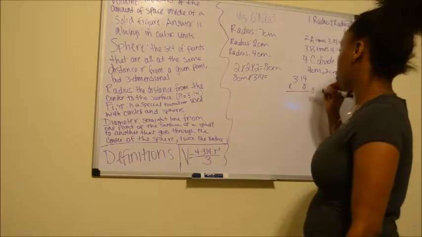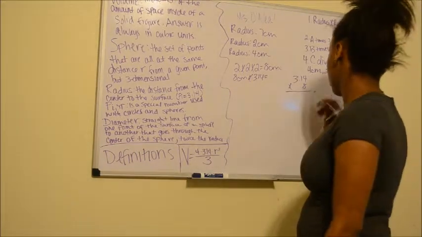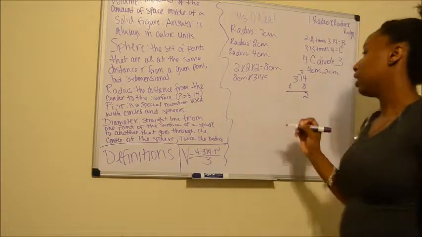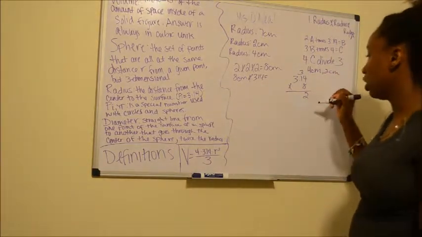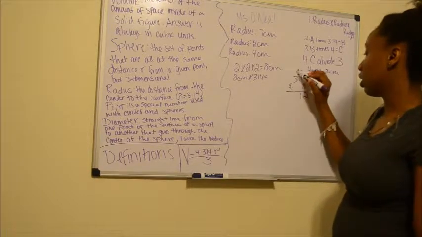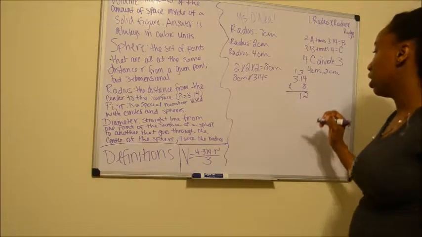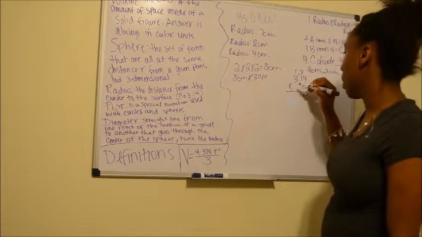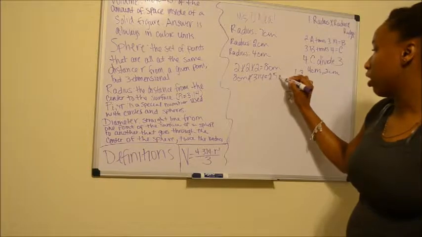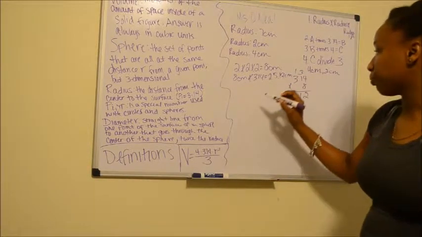3.14. 8 times 4 is 32. 8 times 1 is 8 plus 3 is 11. Carry your 1. 8 times 3 is 24. Plus 1 is 25. So your answer is 25.12 centimeters.